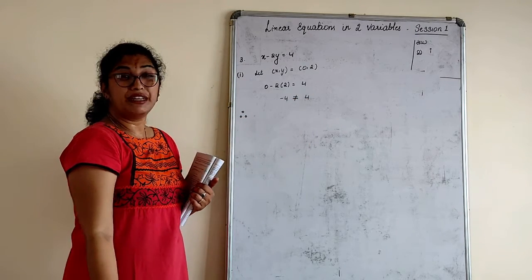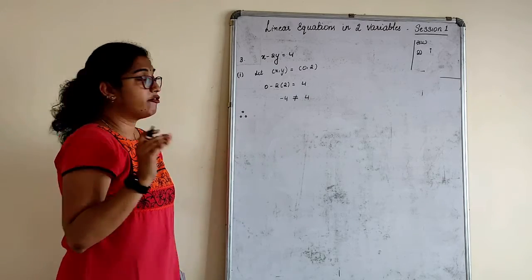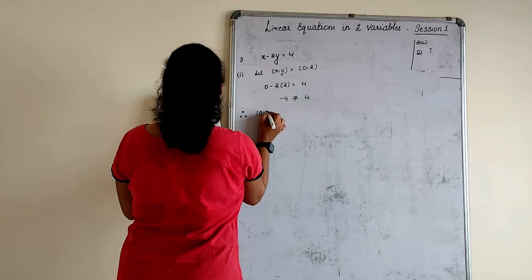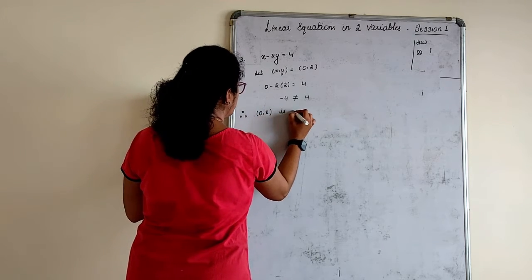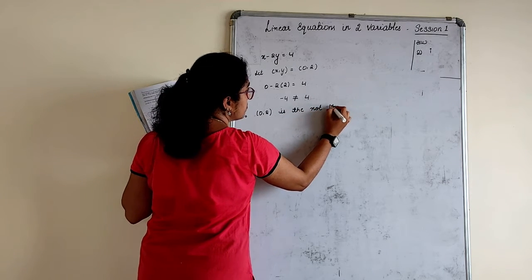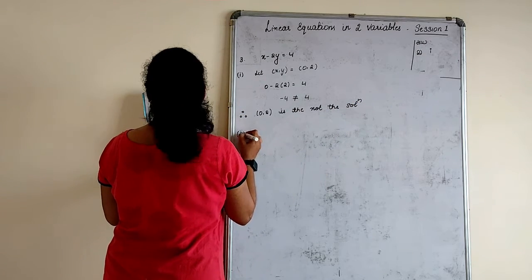Many ways to solve, very simple it is. All these you can expect for MCQs, not in the subjective part. Therefore, conclude 0 comma 2 is not the solution. Second part.